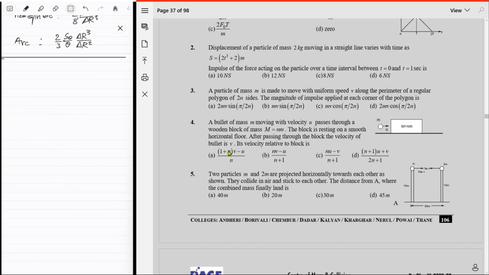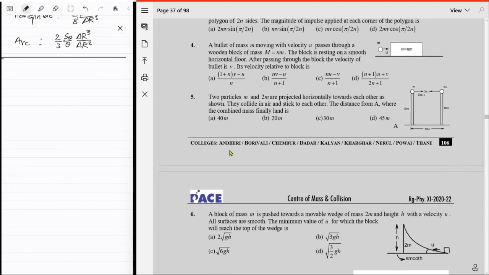Next we have two particles projected horizontally towards each other as shown.